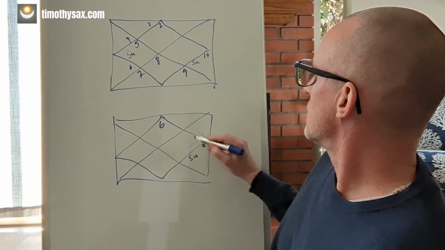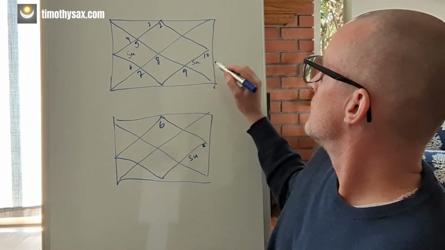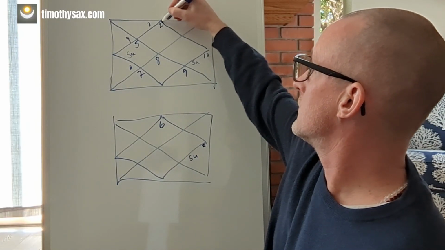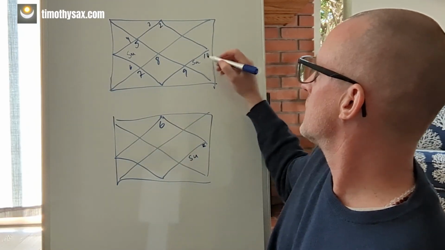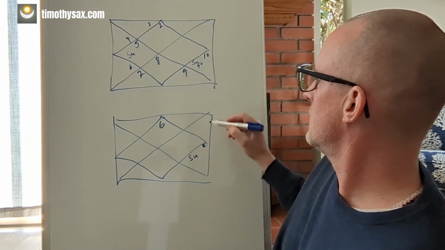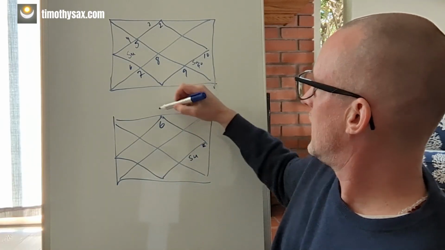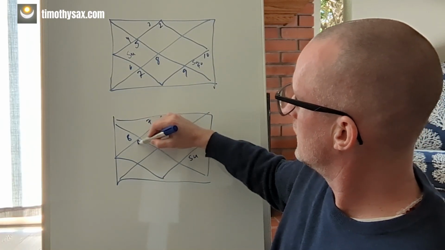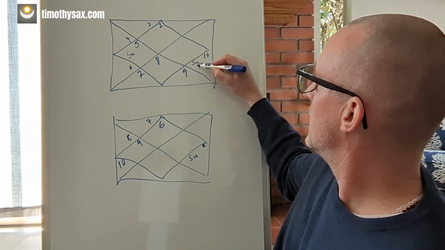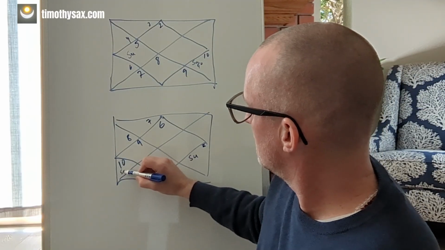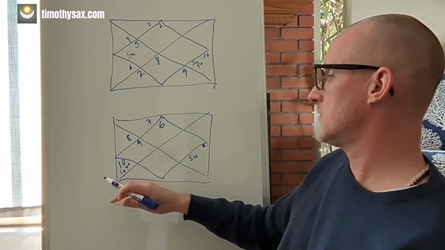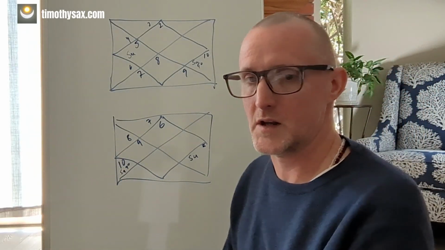Saturn return is when Saturn moves to exactly the point in your natal chart where it was. So let's say it was at 9 degrees in Capricorn. Where's Capricorn here? 1, 8, 9, 10. So 5th house. So when Saturn is at 9 degrees Capricorn, let's say that happened next Wednesday.